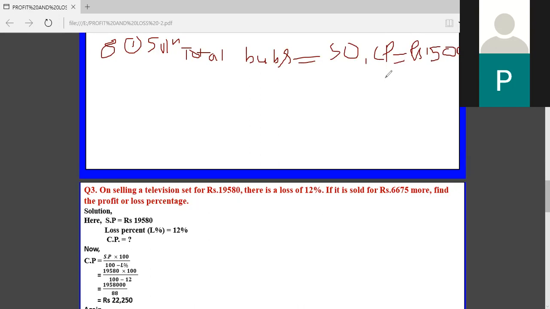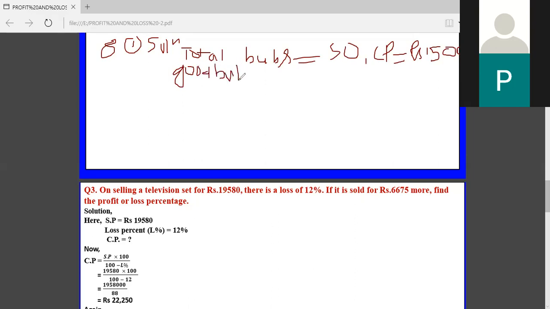And if 4 bulbs were found to be defective, okay, it means not working, how many are good bulbs? How many are good bulbs there? 46. Good bulbs you have to find out.